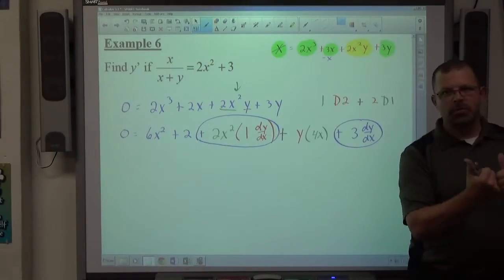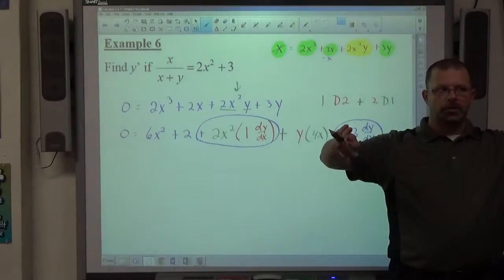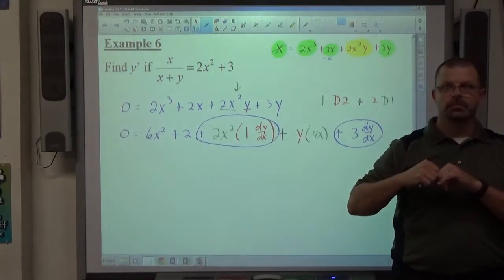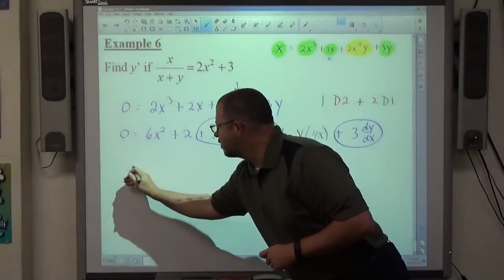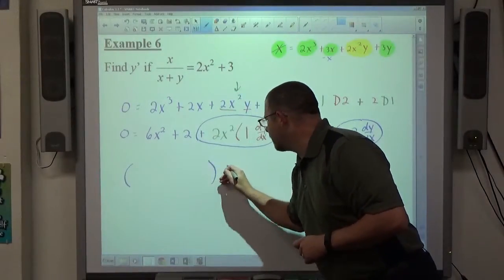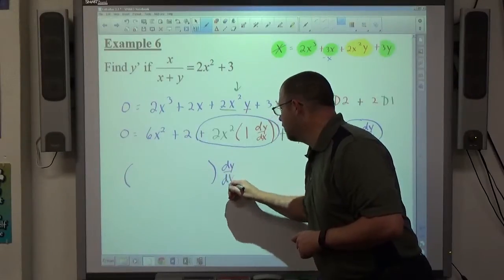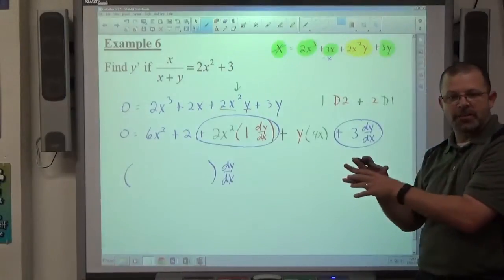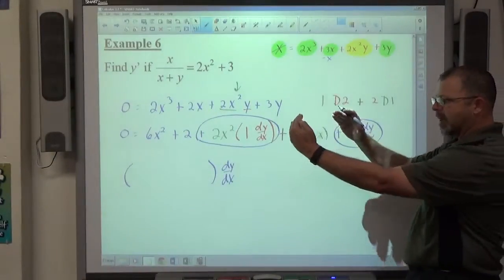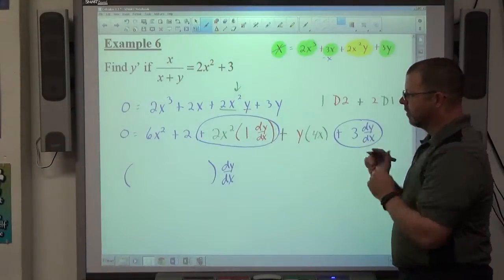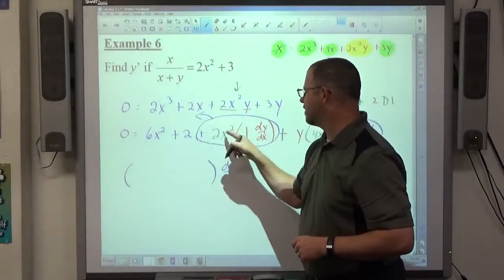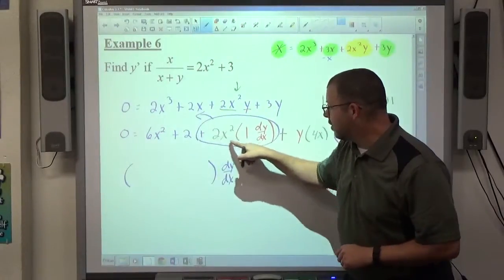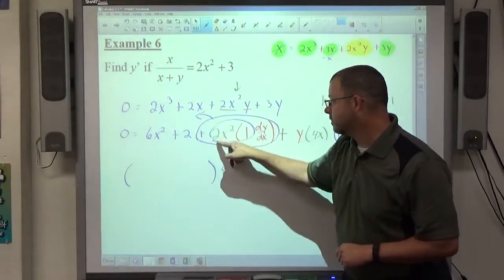Okay, I always move that stuff over to one side, separating the two things, right? The stuff I move over on that side always has dy dx attached to it, right? So if I assume that established idea, that everything coming over here is going to have a dy dx attached to it, the very next step, I'm supposed to factor that dy dx out. I can go ahead and make a group dy dx term, and as I move stuff over, just not write the dy dx inside the parentheses. So this term here is a positive 2x squared altogether, right?